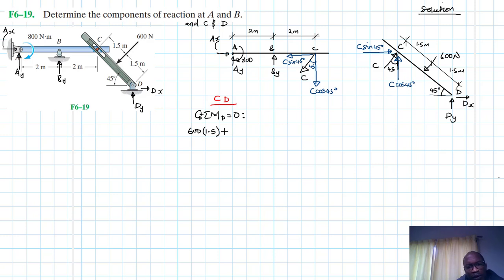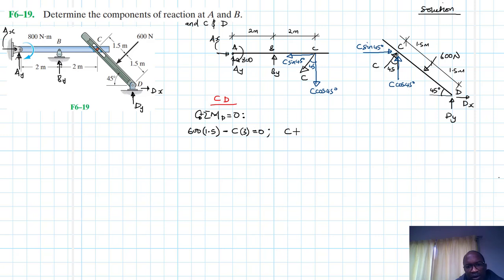Then minus, I just indicated these components for the sake of indicating them, but when it comes to taking moments, we can use C directly, right? Because C is already perpendicular to the lever arm. So there it will be minus C by 3, equal to 0.